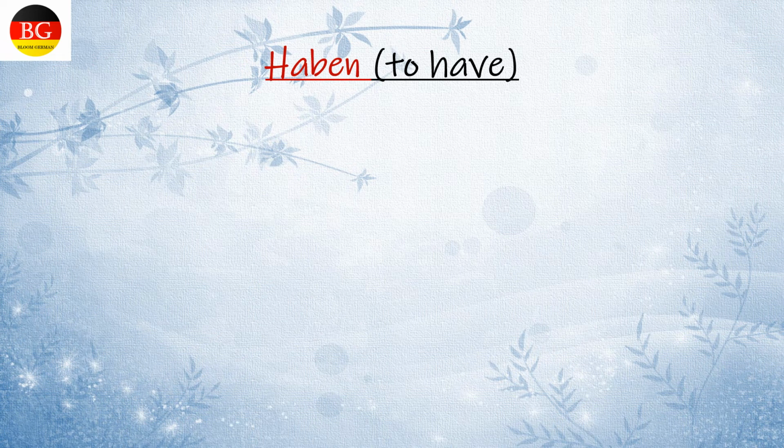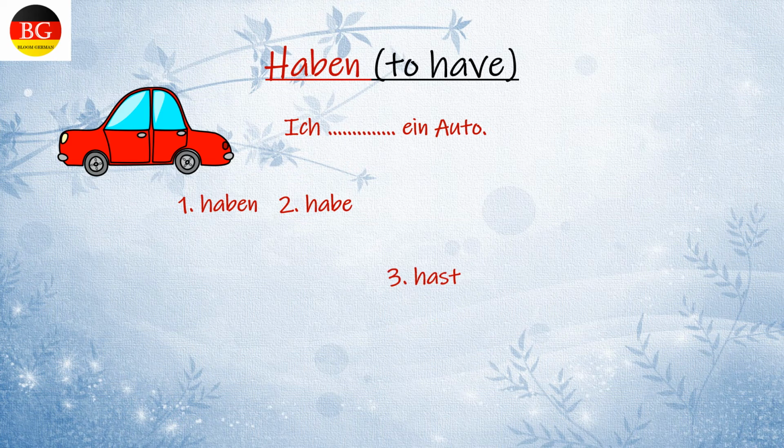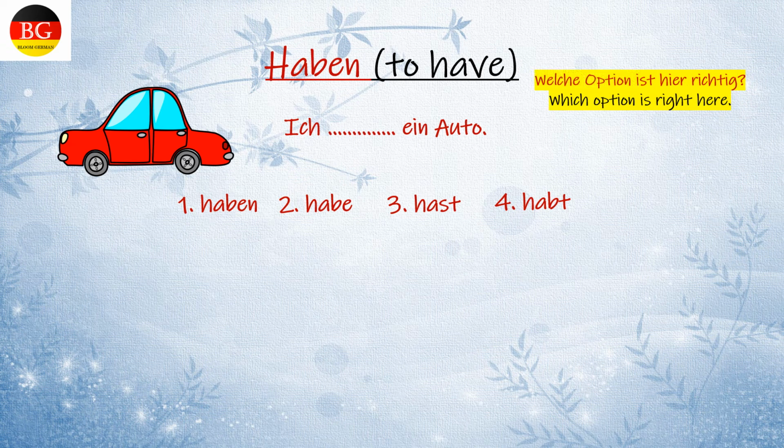Now let's do some practice for the verb haben. Ich ___ ein Auto. Options are haben, habe, hast, habt. Yes, the correct answer is habe.